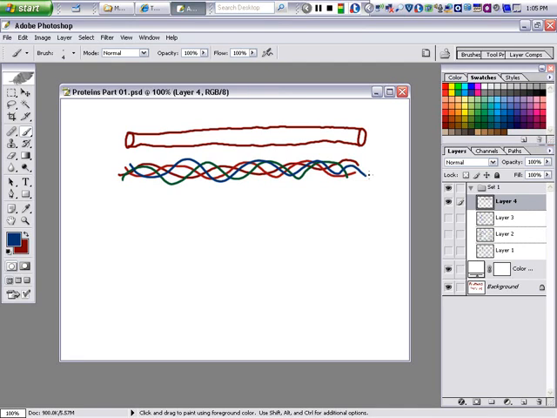What is the difference between tensile strength and compression strength? Does a rope have a lot of tensile strength or a lot of compression strength? It has a lot of tensile strength. What does that mean? What is a tension force?